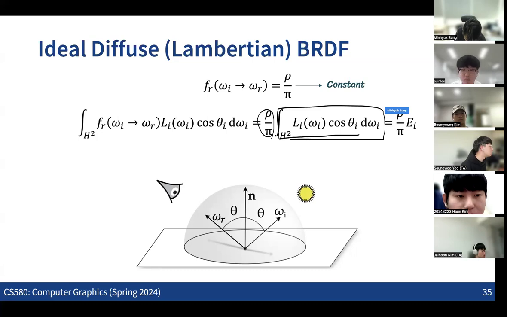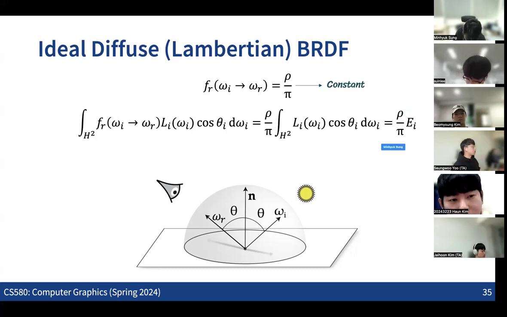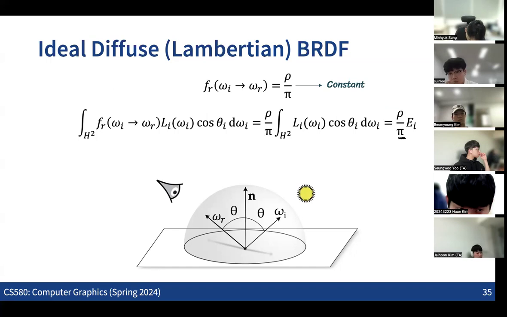This was basically the definition of the irradiance. So we can compute the reflection equation by just multiplying this constant with the incoming irradiance. This is one of the reasons why we define the BRDF as the ratio between the outgoing differential radiance and the differential irradiance, because then we can define ideal diffuse reflection as a constant term like this.